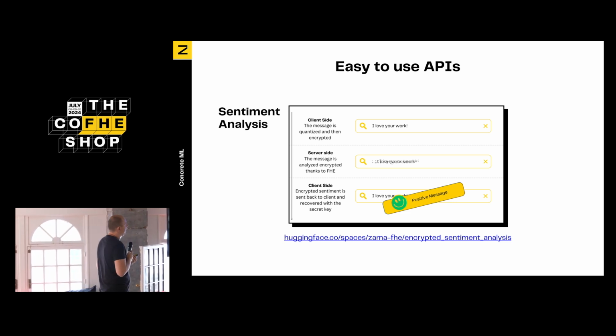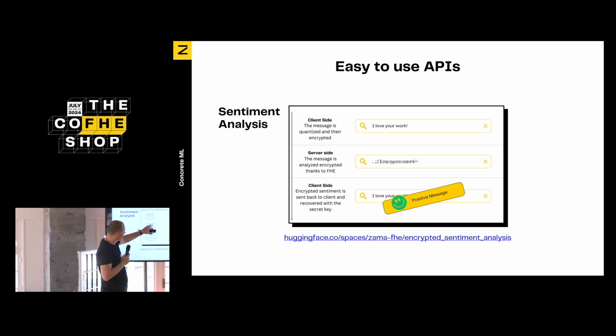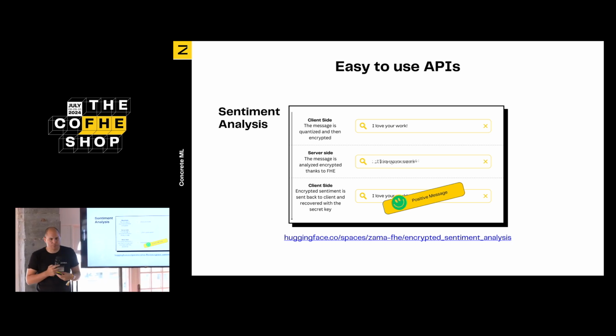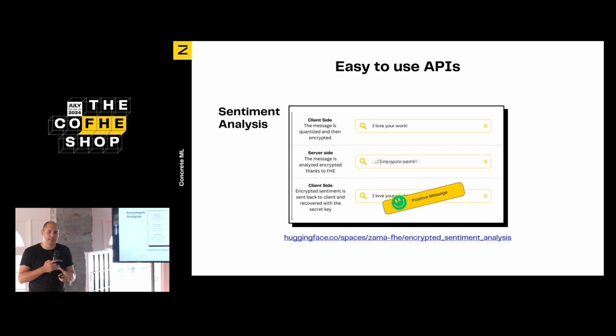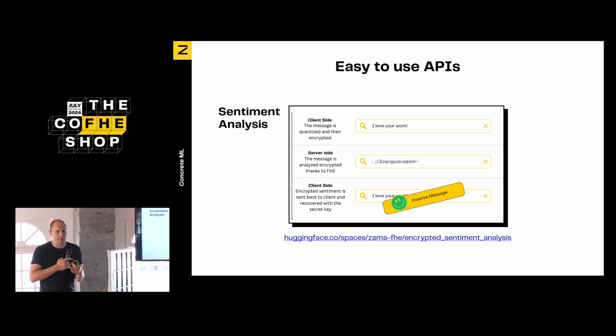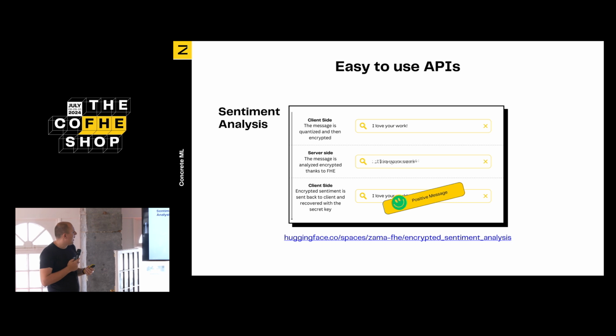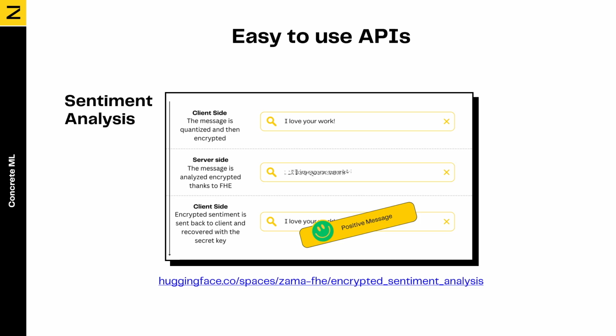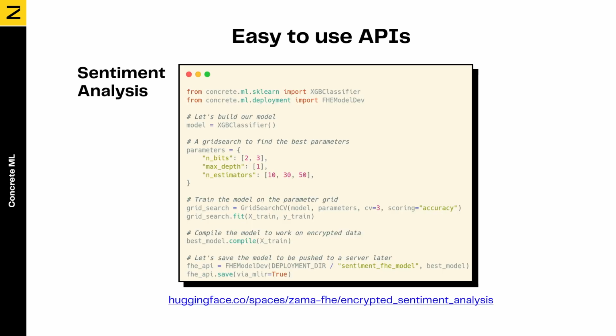So this phrase will be analyzed with a transformer model to produce features, and then the classifier will be executed to predict the three classes. So first we encrypt the sentence, and then we apply the model in FHE. So this is what it looks like to implement this kind of sentiment analysis.